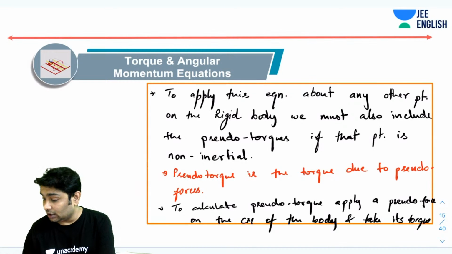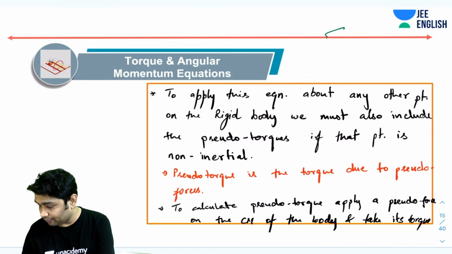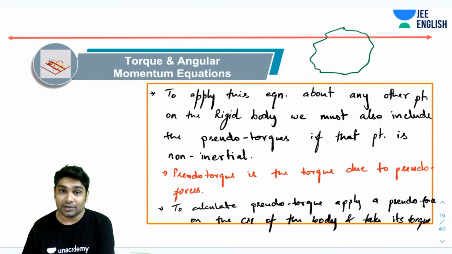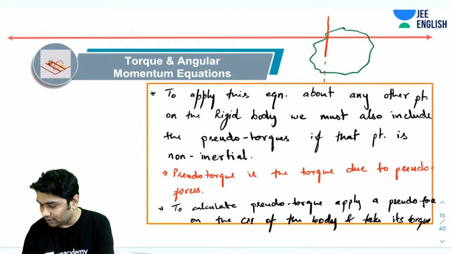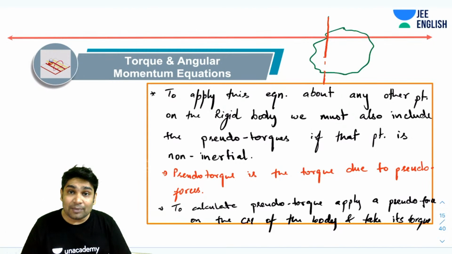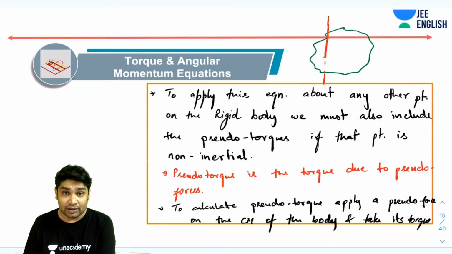So suppose, let's draw ourselves a rigid body. Here is a randomly shaped rigid body, which has this axis of rotation. Let's say it passes through this point, right here. And suppose I wanted to go into the reference frame of some other point, other than ones lying on this axis of rotation, then what do I do?